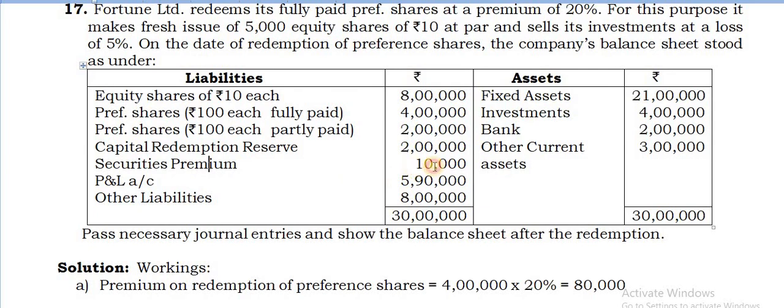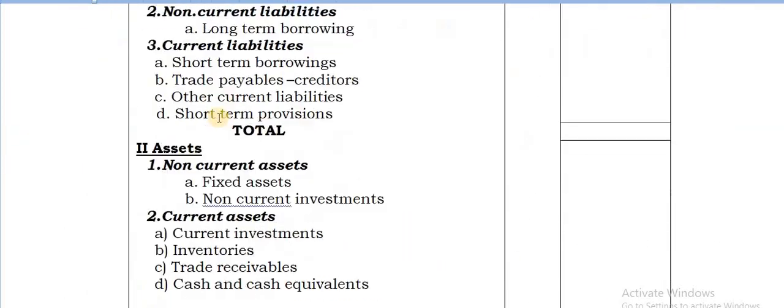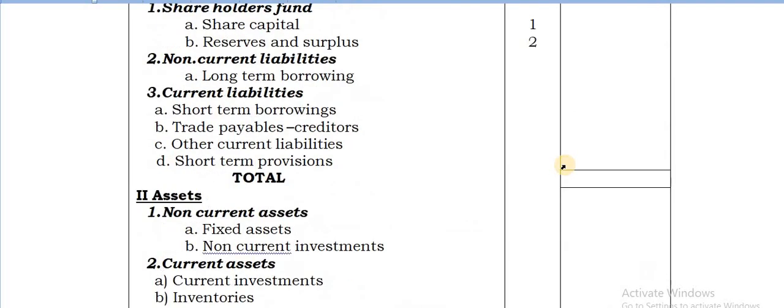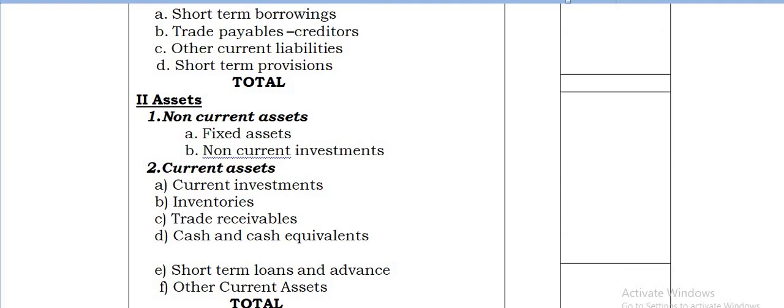Securities premium is completely utilized, so it will not appear in the new balance sheet. But the profit and loss account, as we have calculated now, only the balance amount of 1 lakh 50,000 will be there. Okay. So after completion of this, you can take these values and fill up those amounts in the balance sheet.